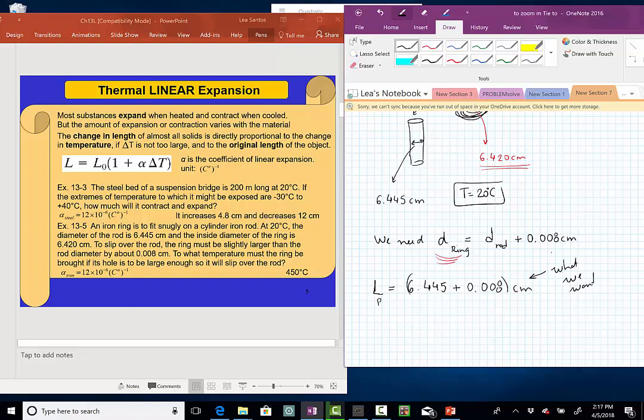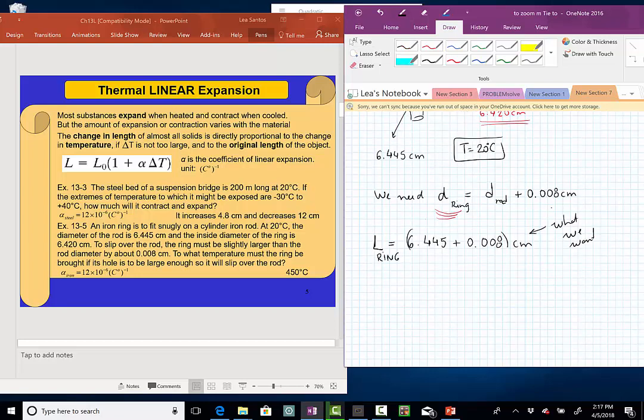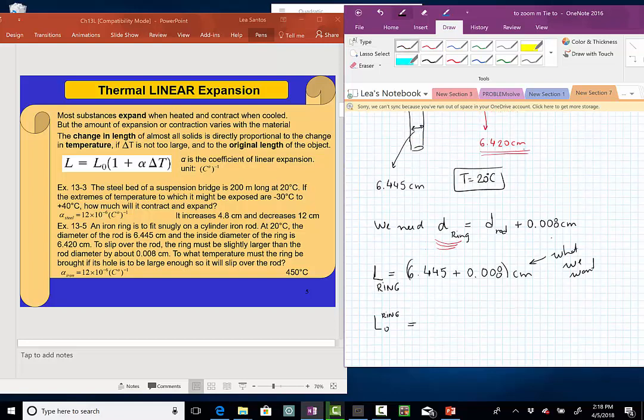So this is the final L for the ring, the diameter of the ring that we want. What is the initial diameter for the ring? What is it that we have at the moment? This one in red, 6.420 centimeters.